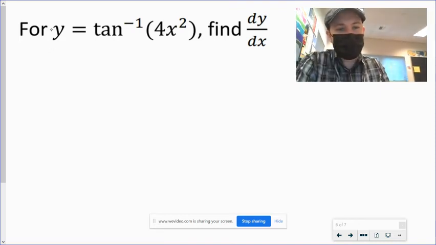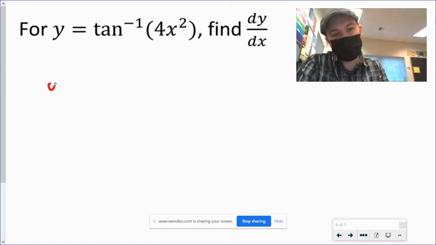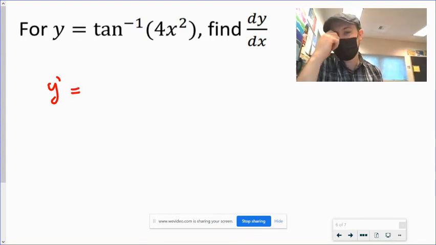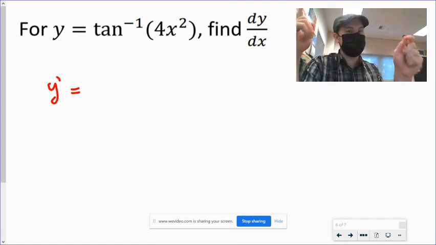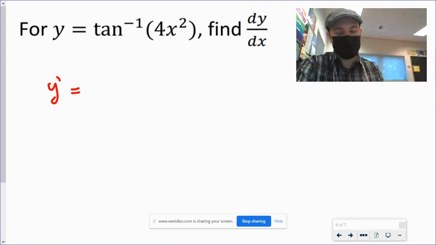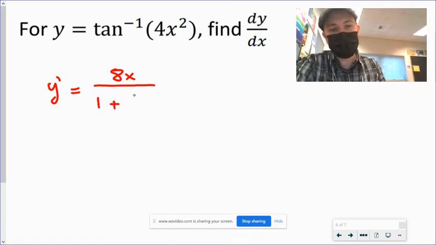So let's go. I'm going to differentiate the left side, which gives me y prime, just like we planned. And that is equal to, and now we have to remember the formula. We derived it earlier ourselves, and it's also on the previous page. It's going to be u prime in the numerator, which would be 8x, over 1 plus u squared.